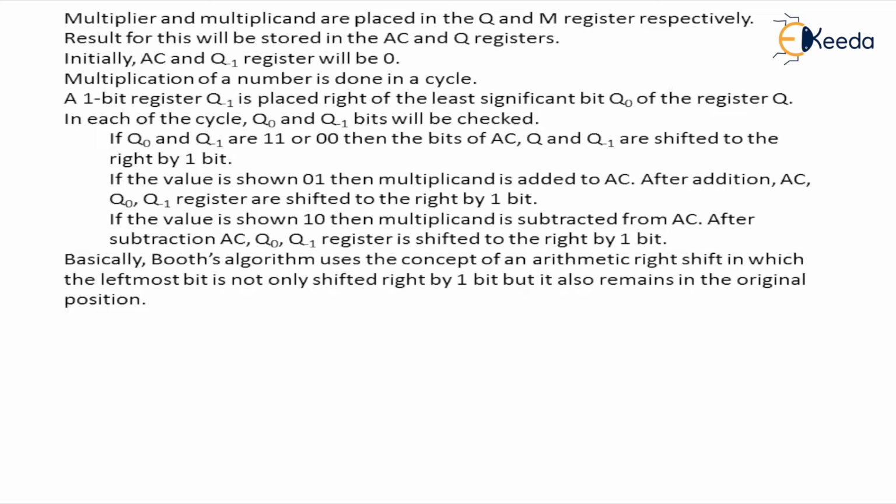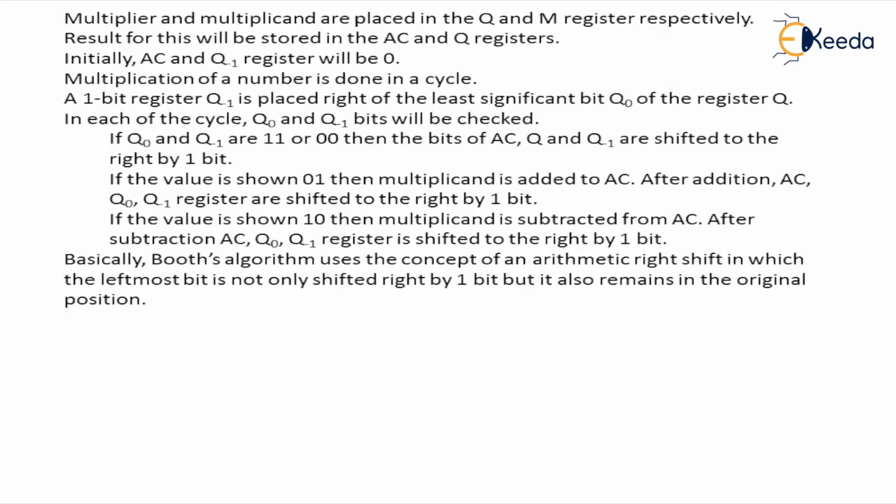Now we will be performing the operation with respect to the table which will be coming ahead. If Q0 and Q minus 1 are 1, 1 or 0, 0, then the bits of AC and Q are shifted towards the right by 1 bit. If the value is 0, 1, then the multiplicand is added to AC.